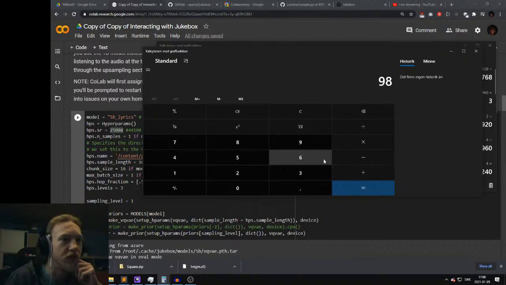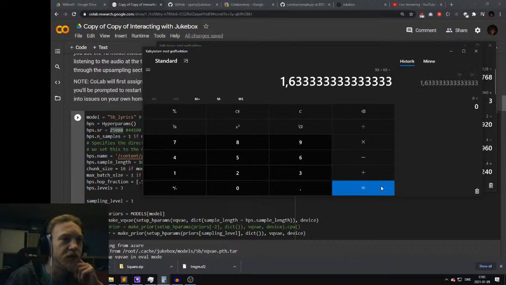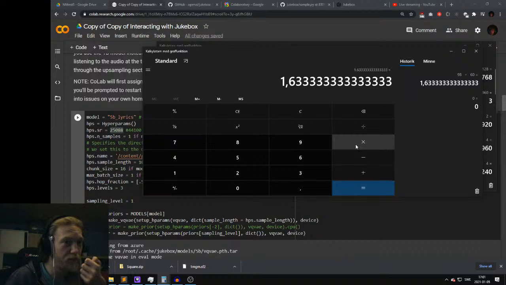So for this, 98 beats per minute divided by 60 is beats per second, 1.6333333. That needs to go evenly into 8, 32.